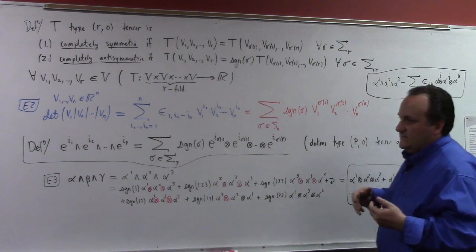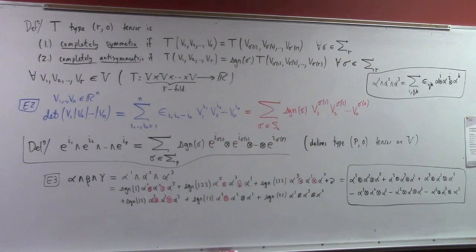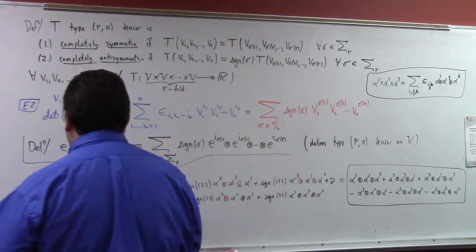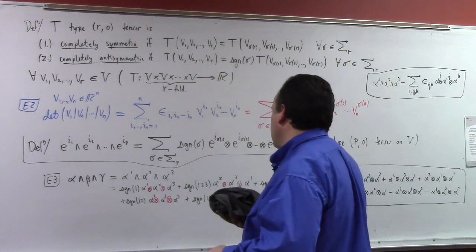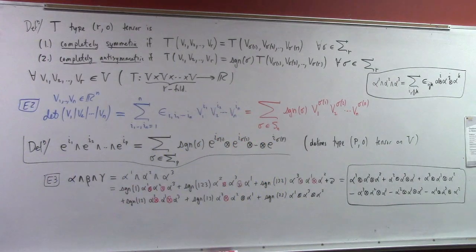What's cool is that we can extend the wedge product to wedge together different, we can take a type P0 tensor and a type, I need to introduce some language here, so let's get to it.